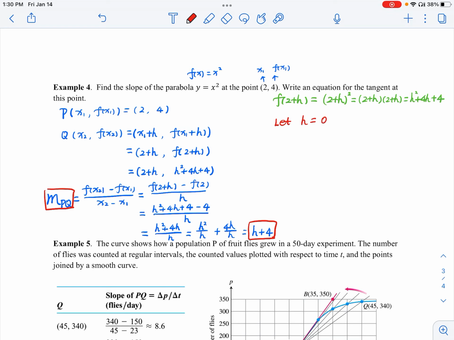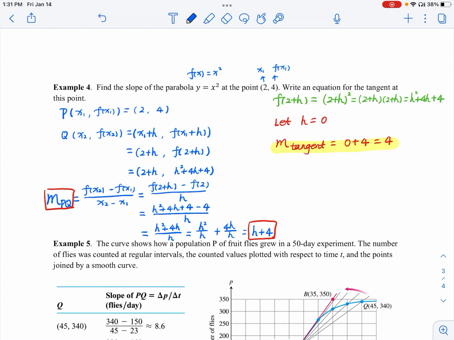Then the slope PQ becomes the slope of the tangent line. That should be 0 plus 4, which is 4. That's the first question. The slope at this point equals 4.